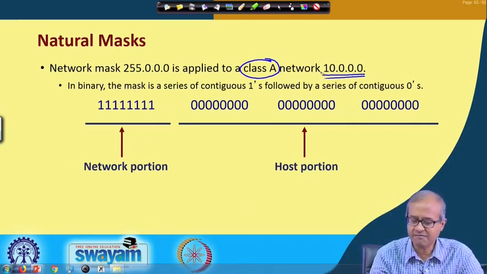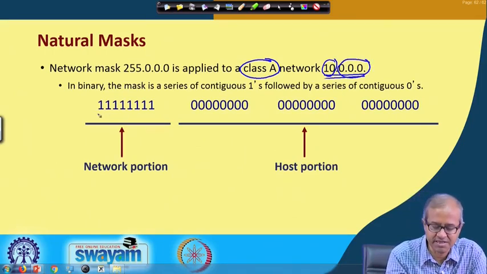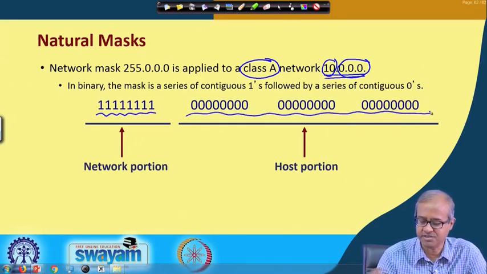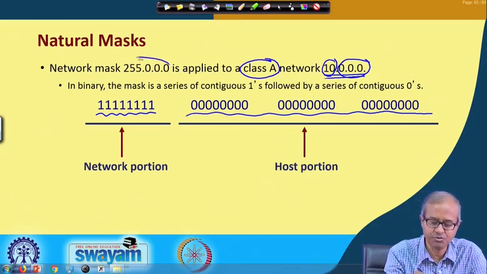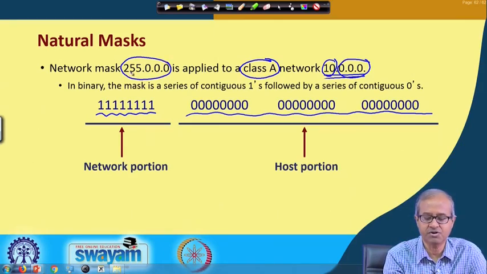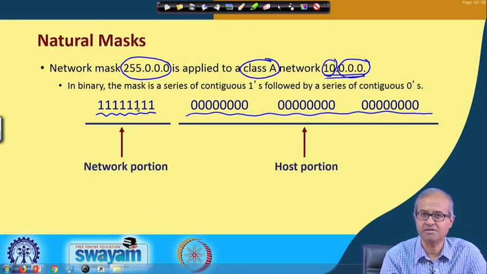So, when I say the first 8 bits are network and the last 24 bits are host, I write the mask like this: first 8 bits are 1, remaining 24 bits are 0. When I write this mask again in dotted decimal notation, it becomes 255.0.0.0. So, a class A network will have a natural mask of 255.0.0.0 because the first 8 bits represent network, so the first 8 bits are 1.